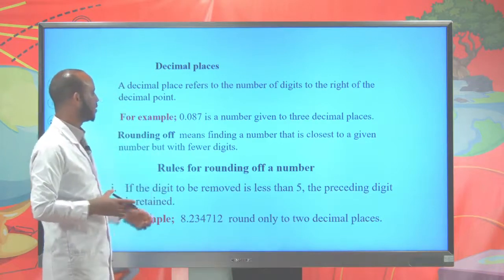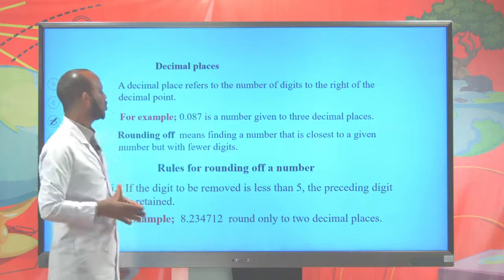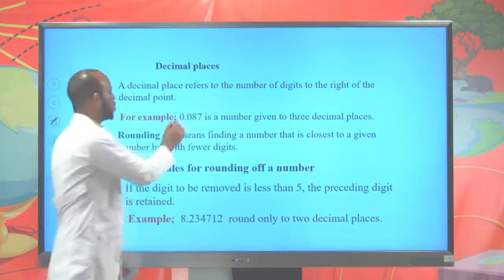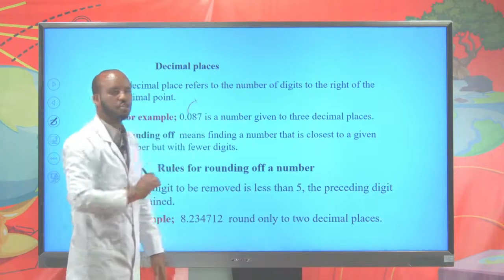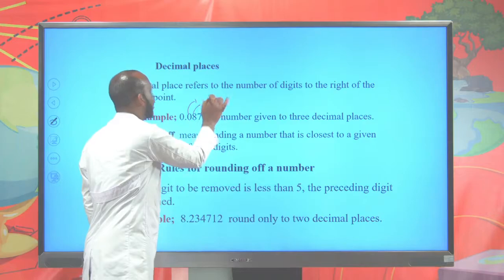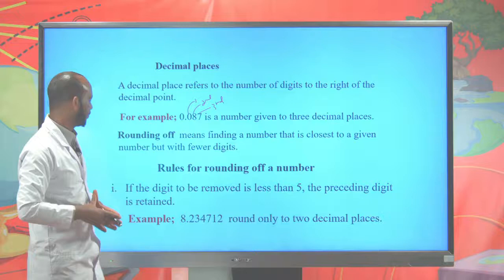For example, the number 0.087 is a number given to 3 decimal places. This 0 is the first decimal place. 8 is the second decimal place. 7 is the third decimal place. Therefore, this number is given to 3 decimal places.